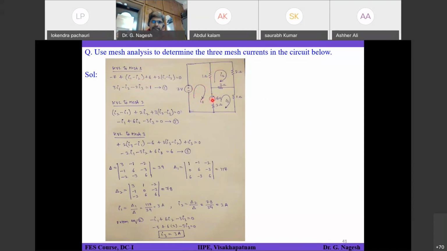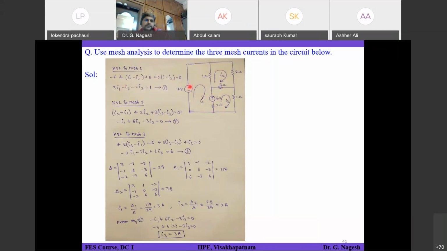Next, coming to this part, you are closing your loop in this fashion, so you are encountering plus 6 ohms initially through I1. So that is plus 6. What about this one? It should be V equals I into R. R is 2 ohms, so 2 is written. What is the current flowing? Net current is I1 from top to bottom, I3 from bottom to top. So I1 minus I3. Is it clear? Yes, sir.